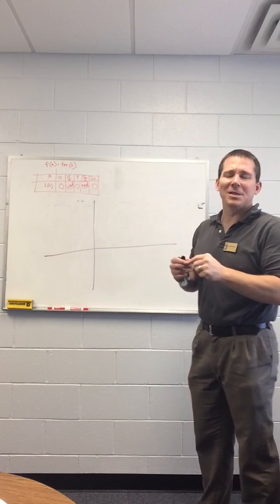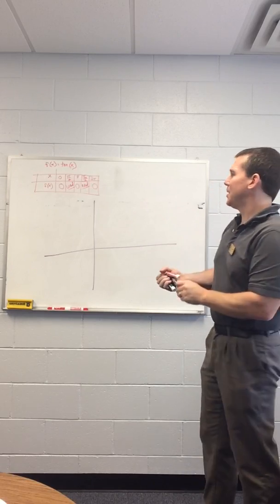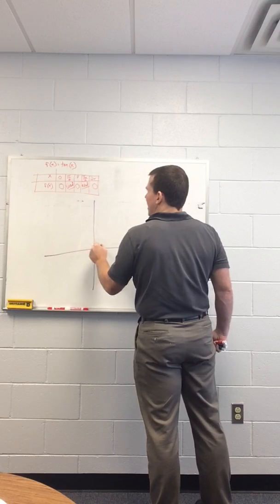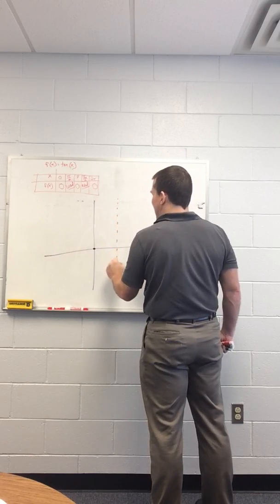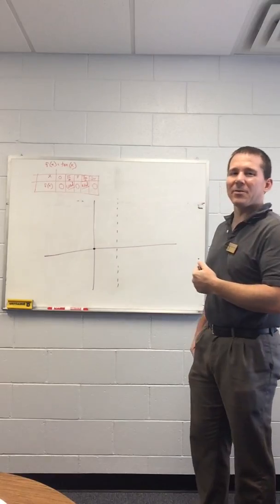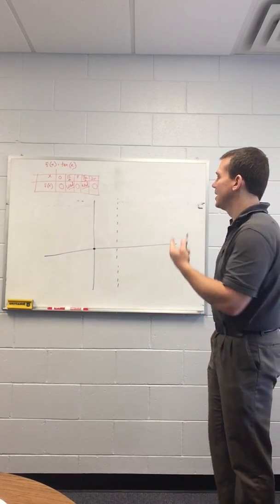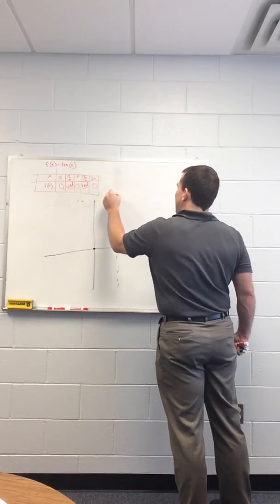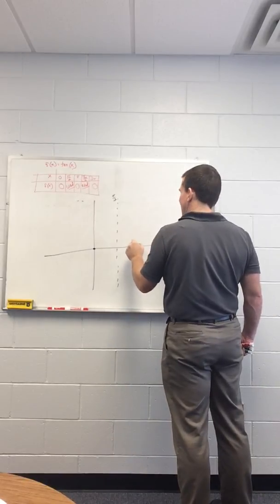Which isn't giving me very much information as far as my graph goes. But let's see. When x is 0, f of x is 0. At pi over 2, we get undefined. All of you remember from 171 from graphing rational functions, if it's undefined, you draw a vertical asymptote. At pi, we get 0 again.